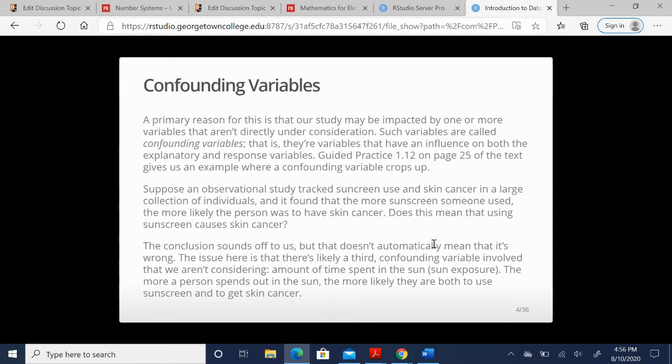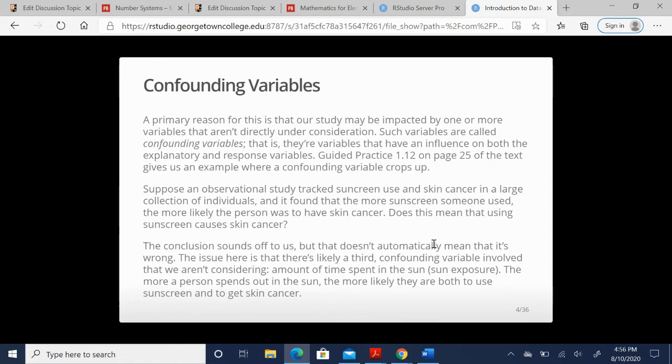If you look at your guided practice, number 1.11 on page 25 in the textbook, it gives us an example of where a confounding variable would crop up. Suppose an observational study tracked sunscreen use and skin cancer in a large collection and found that the more sunscreen someone used, the more likely they were to have skin cancer. Now does that mean that using sunscreen causes skin cancer?